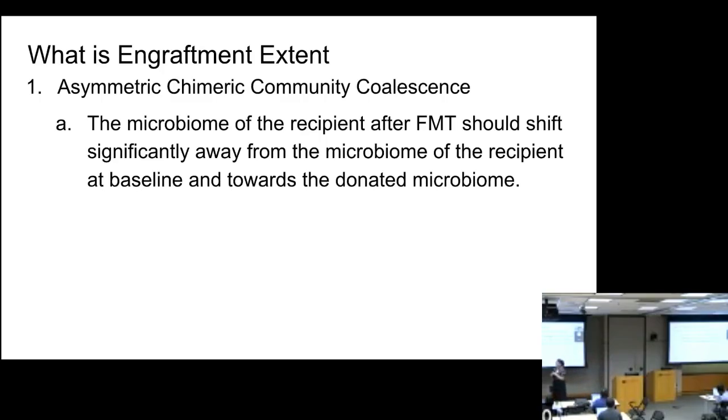That really boils down to the fact that we want both of these microbiomes to coalesce into the recipient after the FMT. And we want it to be asymmetric towards the donor. We want the donor's microbiome to show up a lot more than the recipient's baseline microbiome. That's why it's asymmetric, but we also want to create a network. There should be a stable microbiome, and so we want to see kind of a network of a community in this gut.